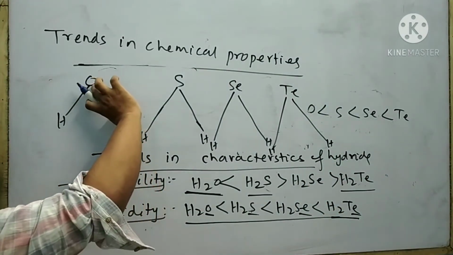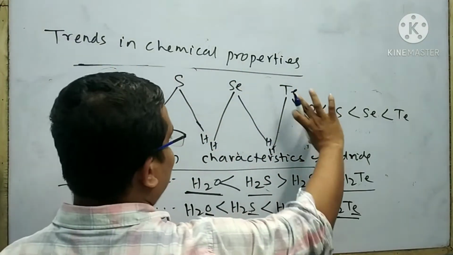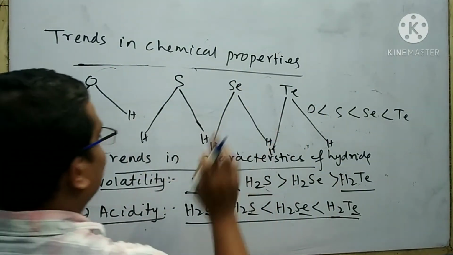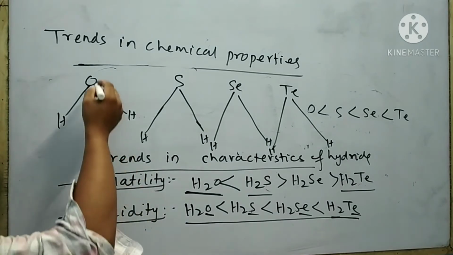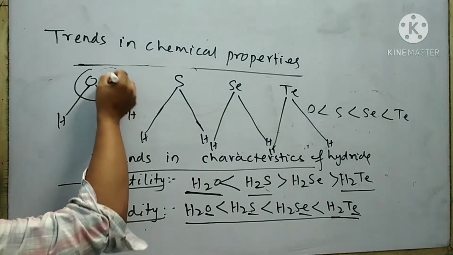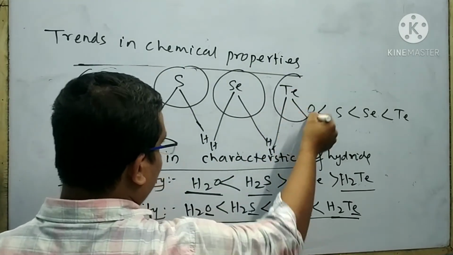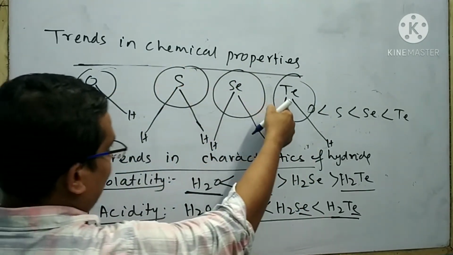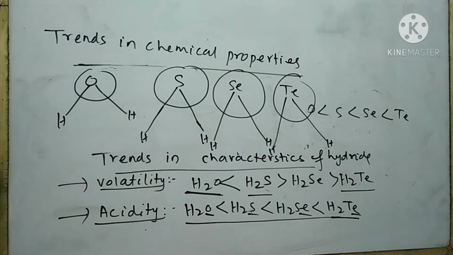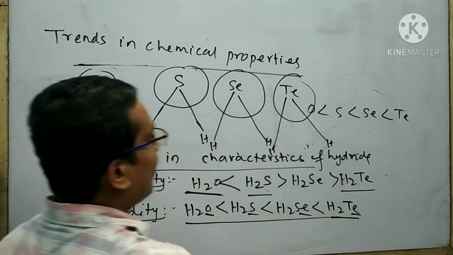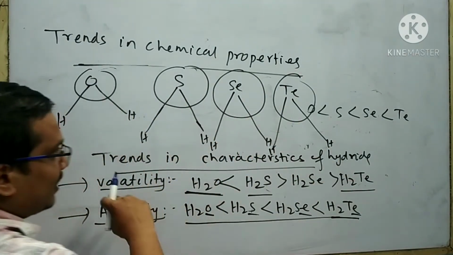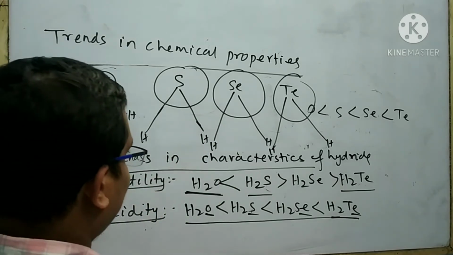Here the bond length increases, because the size of the central atom increases from oxygen to tellurium. Due to the increase in bond length, the bond strength decreases.